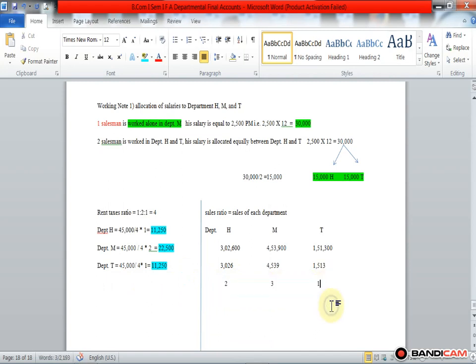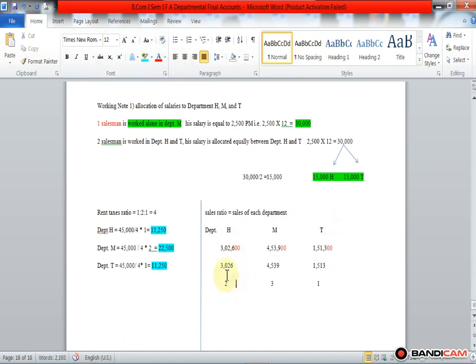Those students who did not calculate this ratio should only cancel the zeros from the figures. So only two zeros are cancelled from each figure. Here we make it red: these two zeros are cancelled, then these two zeros, and then these two zeros.